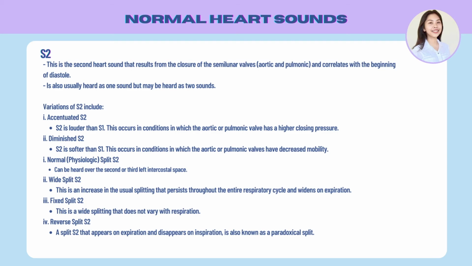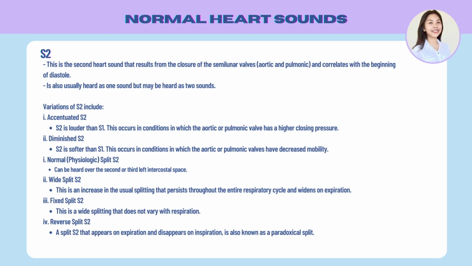If S2 is heard as two sounds, the first component represents aortic valve closure, or A2, and the second component represents pulmonic valve closure, or P2. S2 is heard best at the base of the heart. Variations of S2 include accentuated S2, diminished S2, normal or physiologic split S2, wide split S2, fixed split S2, and reverse split S2.